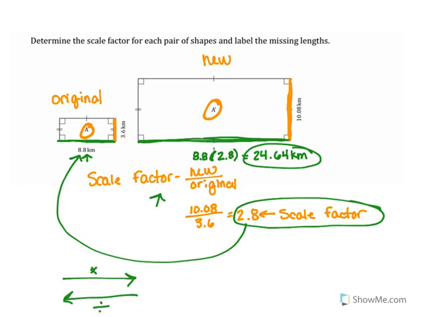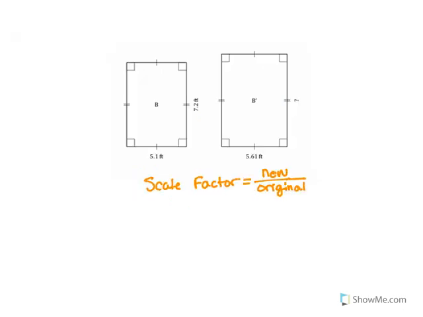So let's do another example. Okay, so remember, scale factor equals new over original. This means this is our original. B prime means this is our new one. We already did a transformation. We can see it's a dilation, right? So we have our original here and our new here. We have both of those side lengths.